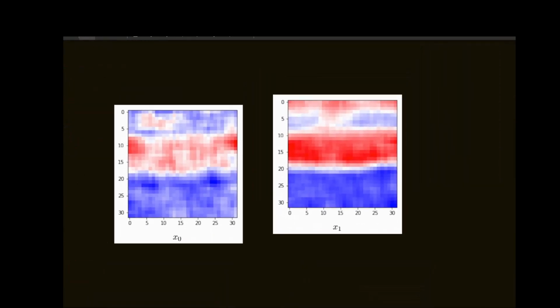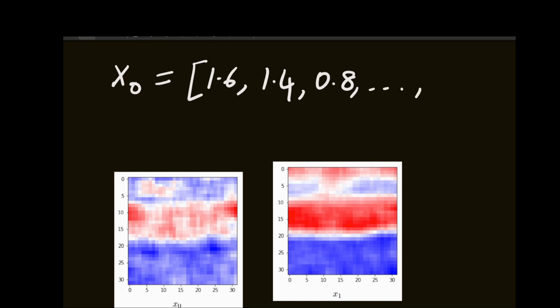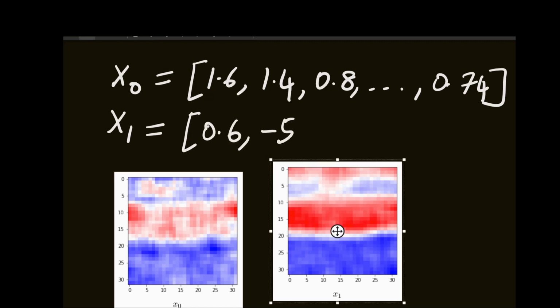So the first 2 examples: let's say there are 2 observations that look like this, x0 and x1. We have a data set with 2 classes, the 0 class and the 1 class, and x0 is a member of class 0, and x1 is a member of class 1, and let's say the actual vectors look something like this.